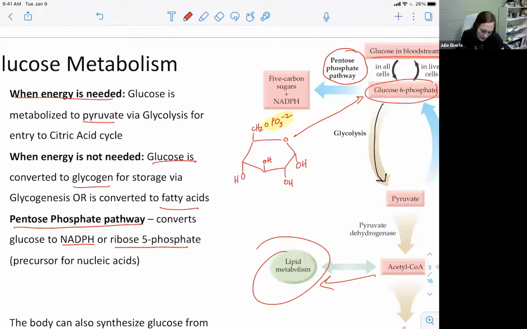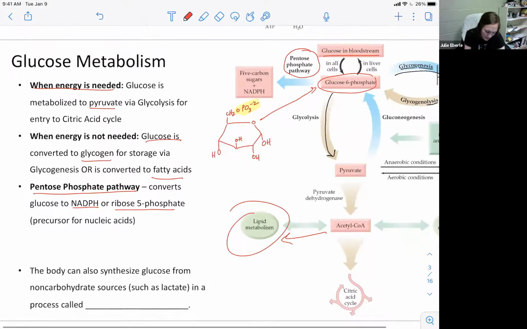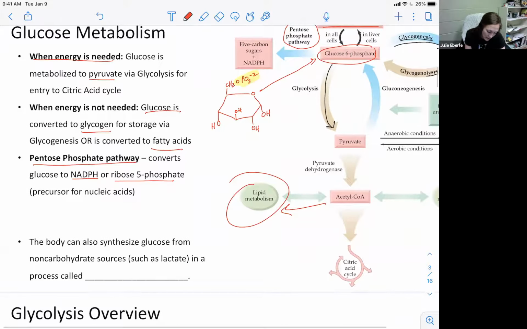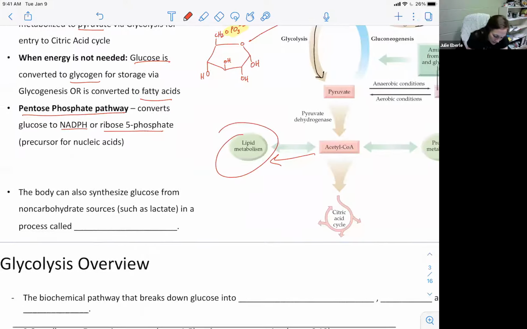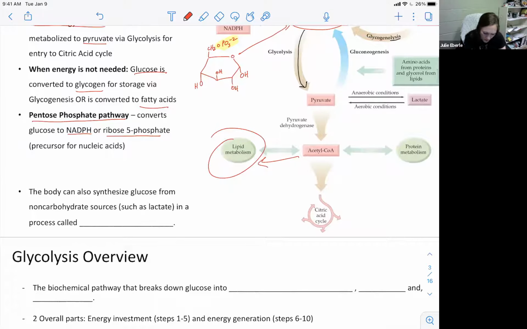So there's several things we can do with glucose, all right? Just depending on what conditions are present in the body. Now, if we need glucose, and let's say we're not getting enough of it in our diet, then we can also synthesize glucose from non-carbohydrate sources, all right?